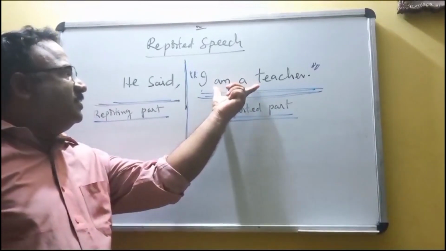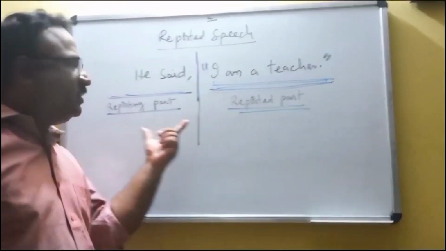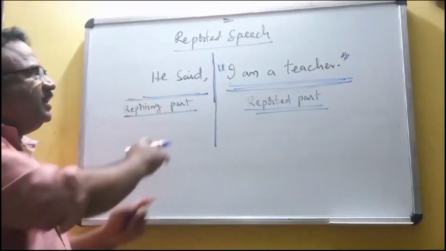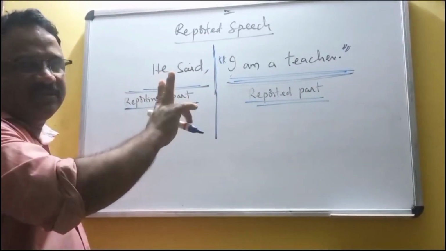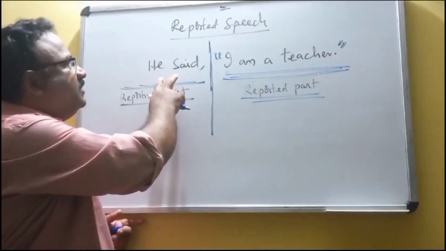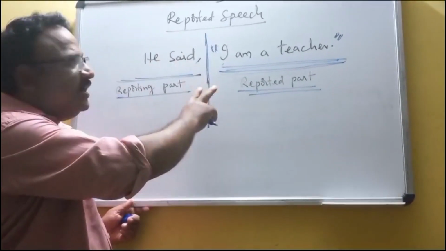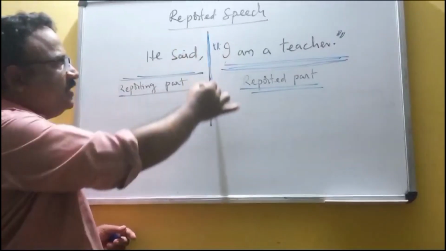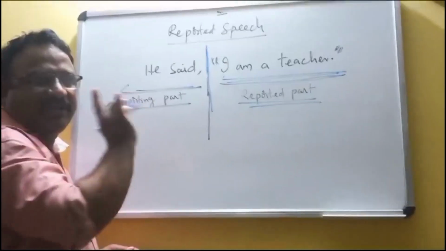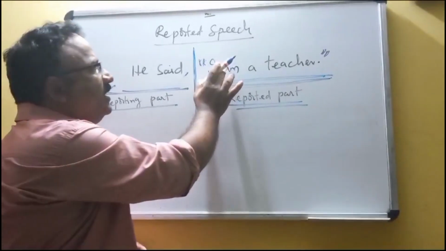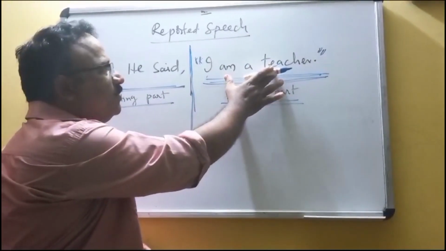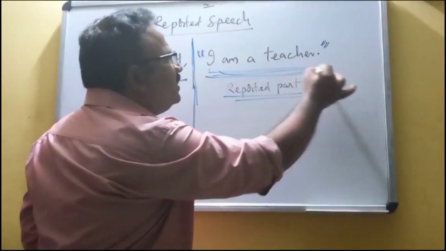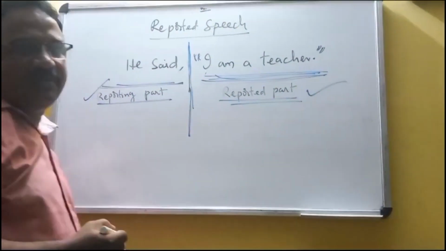The sentence can be divided into two parts: first part, he said, is the reporting part, and the part in the inverted commas is the reported part.